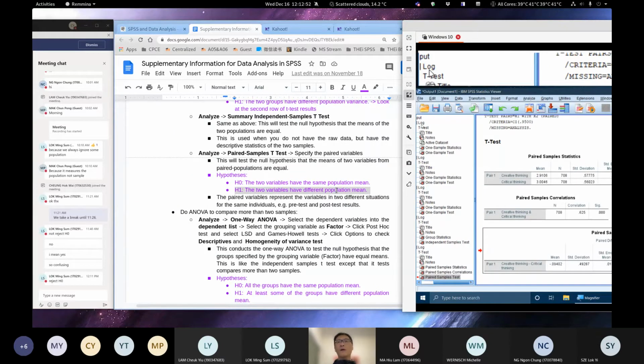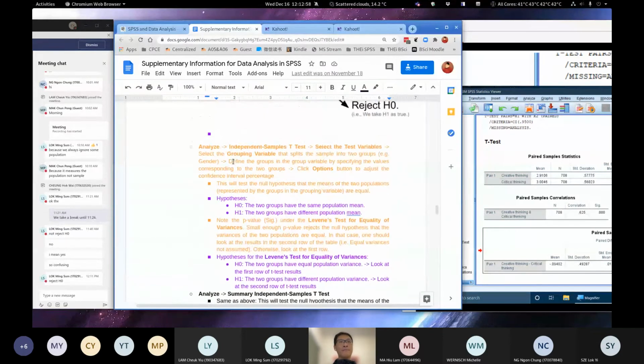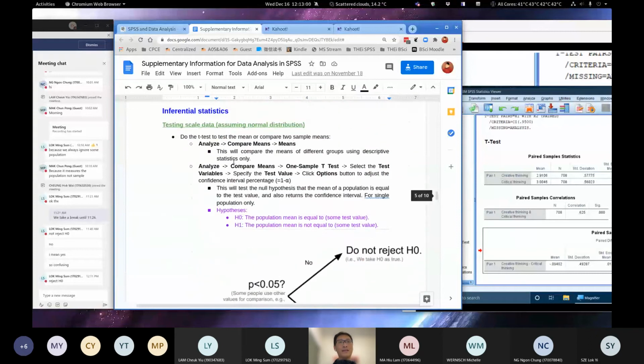Now, so far, we have gone through 3 types of t-test. To summarize a little bit, the first type, you compare the population mean with some test value. Okay, it involves only one sample. That is the one sample t-test.